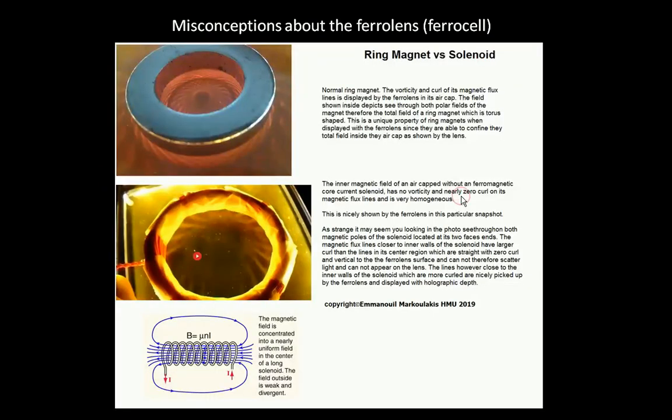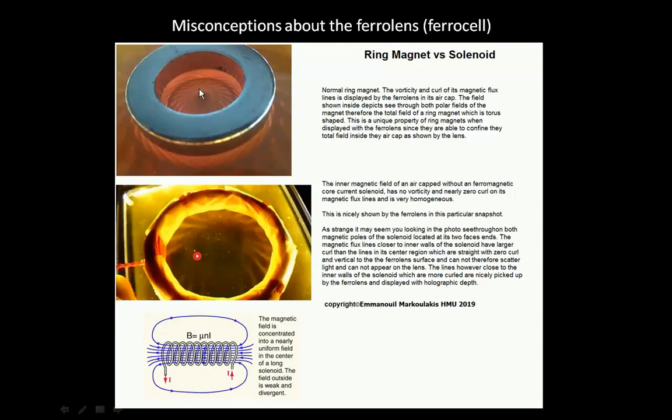So we see here a ring magnet, and we see with the ferrolens its magnetic field on the pole. The face of the ring magnet, touching the ferrolens, is projecting its inside field on the ferrolens, and the field is now displayed.